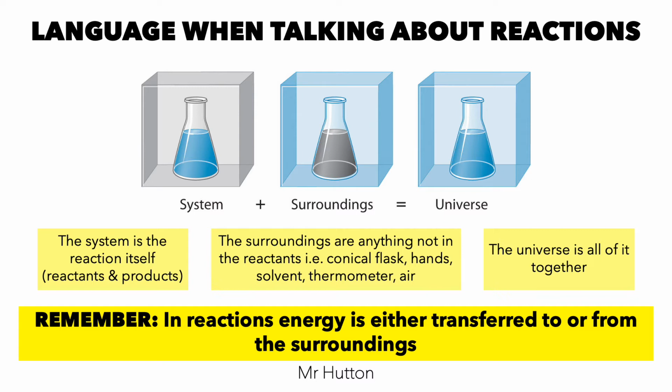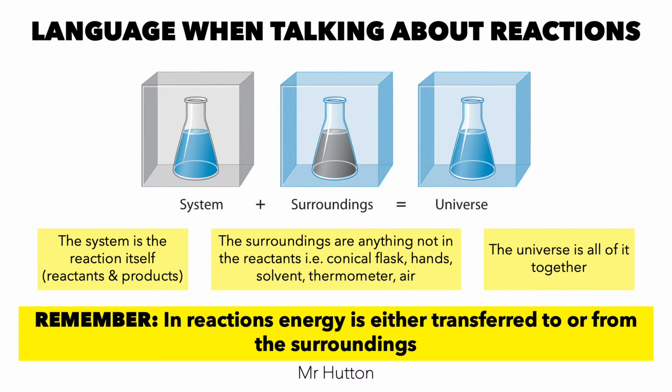So if the temperature of that changed, then that would be an indication of either energy leaving the system or going into the system. And then the universe is basically, if we put all of these together, then that is the universe. The universe is always going to be the same.